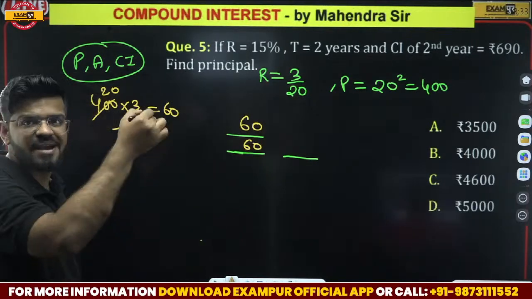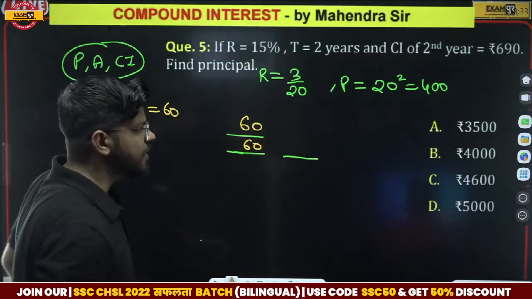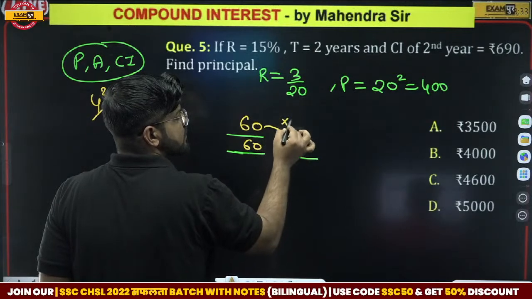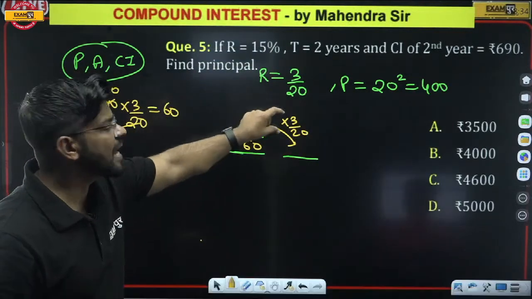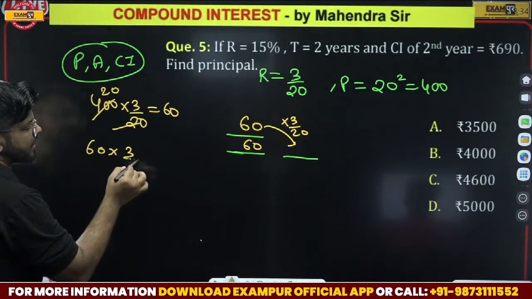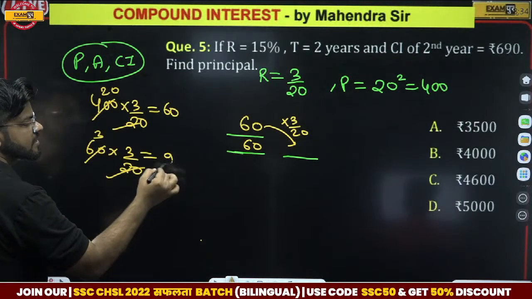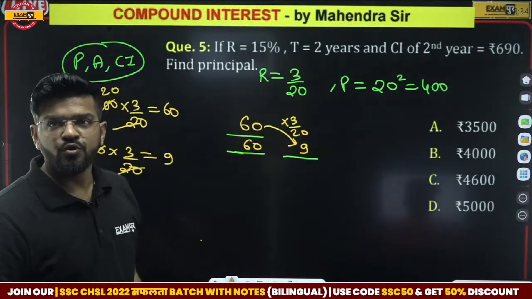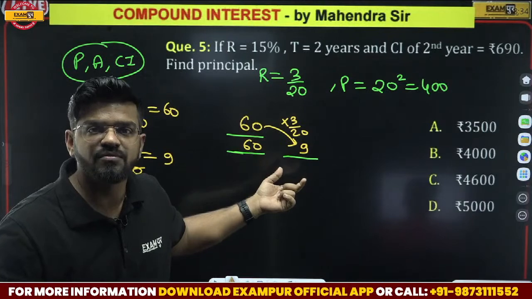I know the first slab is the same for everything. Now in this slab I just multiply by R again, 3 by 20. So 60 into 3 by 20 gives 3 into 3, that is 9. If you can do it mentally, you will fill these slabs very fast.